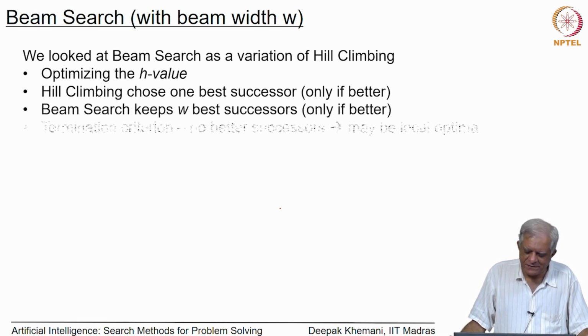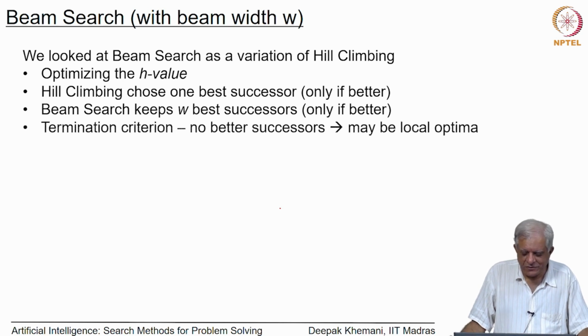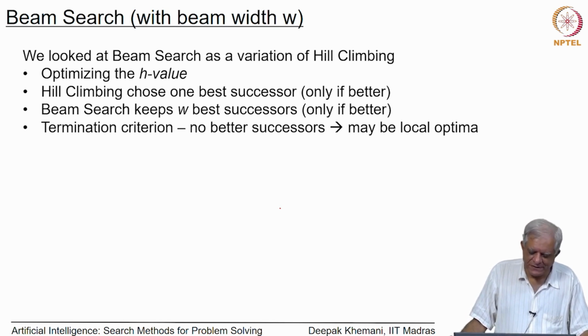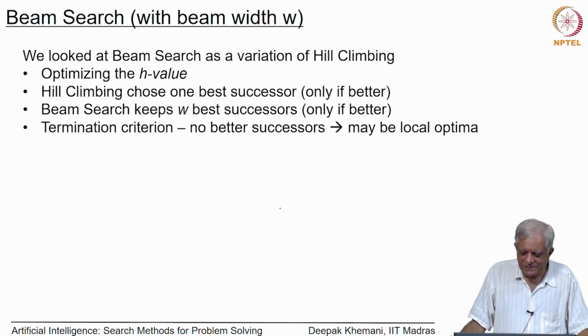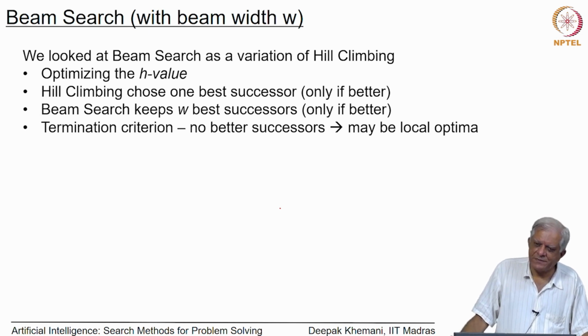But in beam search we said that why keep only one, you can keep w successors, because that much memory would be required and it would still be a constant space algorithm. The termination criterion for hill climbing and beam search, when we studied them in that context, was that if you do not have a better neighbor, then you terminate, which meant that you could often end up at a local optima.